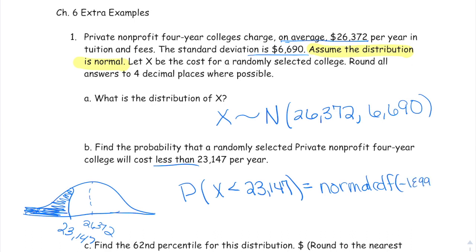That's just scientific notation, or you can use a really large negative, very, very small number. Then the upper limit of our shaded area is 23,147. Then comma, the mean 26,372, and then the standard deviation.